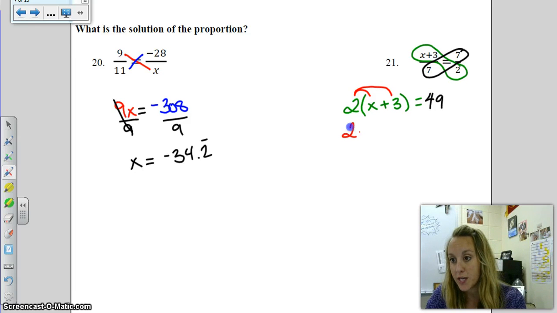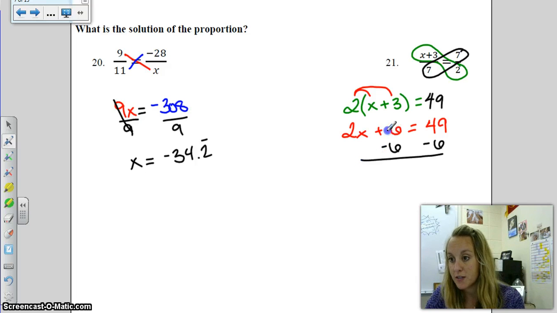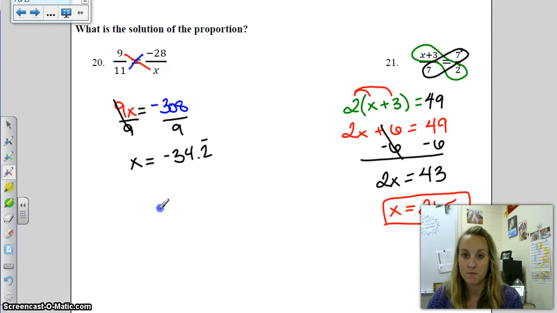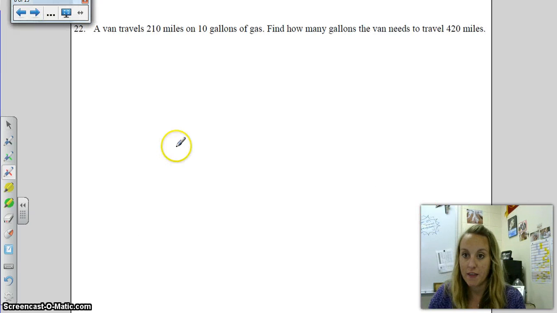So we have 2x plus 6 equals 49. Now we can solve these pretty easily. Subtract 6 from both sides. 2x equals 43. And that's not a very pretty answer, but it's all right. We have 21.5. So x is 21.5. All right, bear with me, we're getting there.